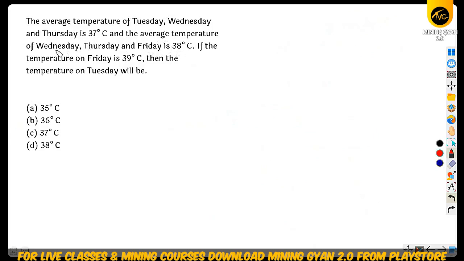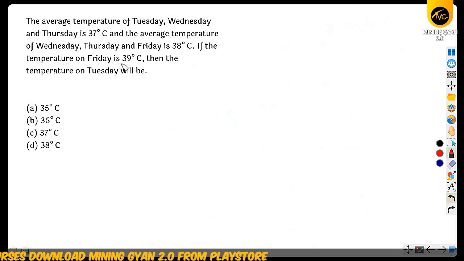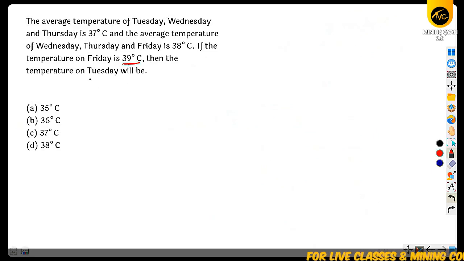If the temperature on Friday is 39 degrees Celsius, then the temperature on Tuesday will be. So we have a comparison question. Basically we have the temperature on Friday is 39 degrees Celsius, then we have to find out the temperature on Tuesday. Now the options are available: 35 degrees, 36, 37 and 38 degrees Celsius.